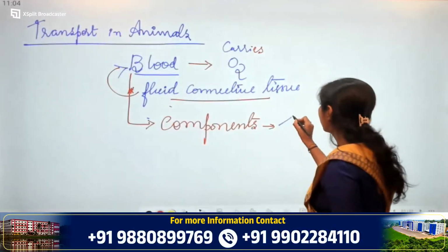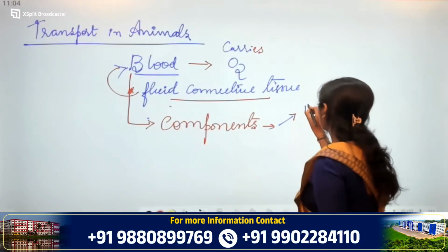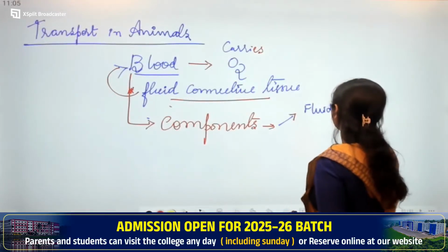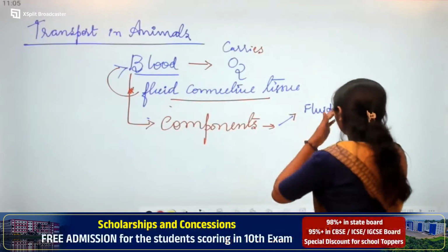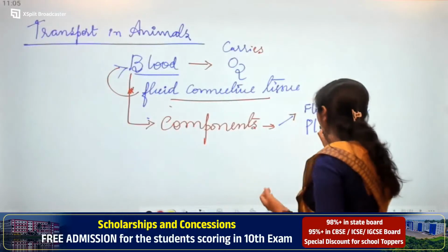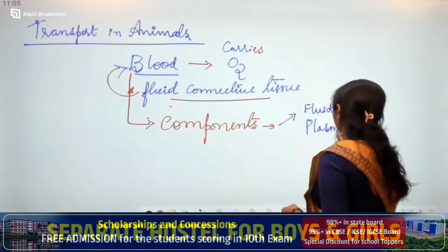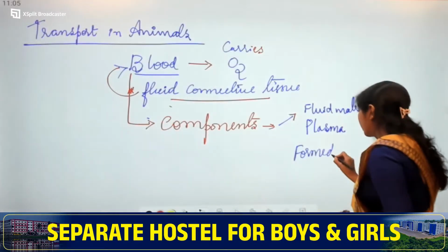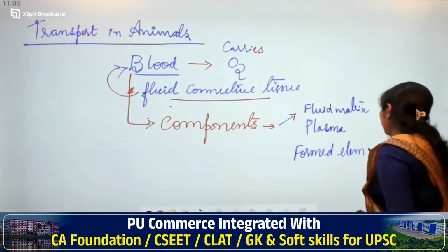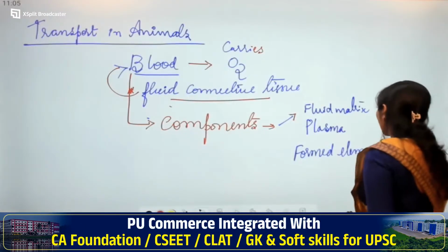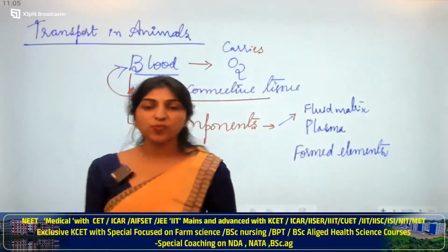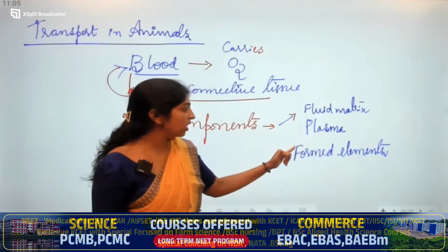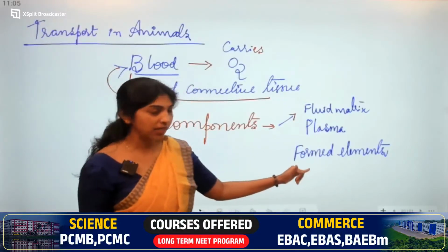One is the fluid matrix, that is nothing but the plasma, and then the formed elements. Blood is a specialized connective tissue which consists of a fluid matrix, the plasma, and the formed elements, correct?